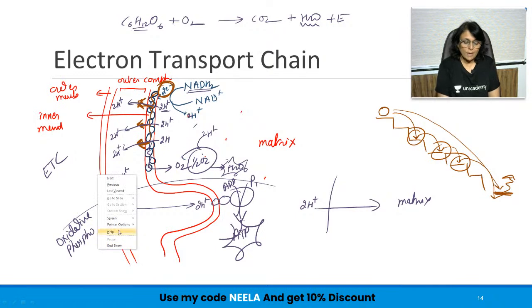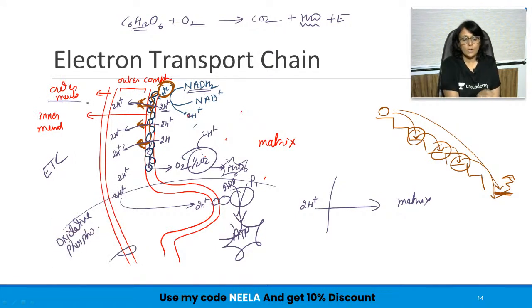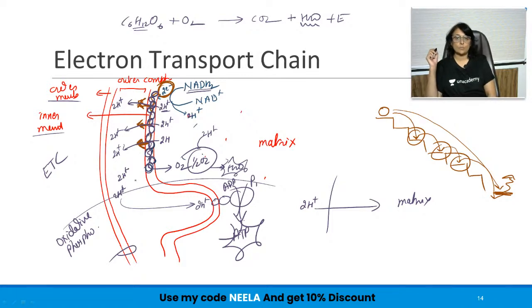This is the outer mitochondrial membrane, and then this is the inner mitochondrial membrane. Mitochondrial membrane is like plasma membrane, and there are some proteins which are embedded in the phospholipid bilayer. We call them integral proteins or intrinsic proteins, and these proteins actually make up the electron transport chain. It is a chain of proteins through which the electron will get transported.